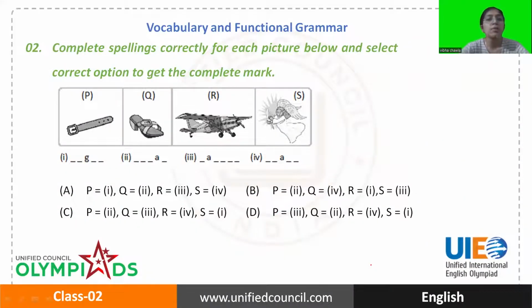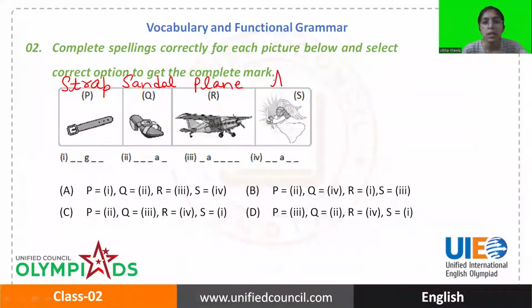Next up, we have question number 2. The picture P is of a strap. It's a strap. Q is of a sandal. Sandal it is. In R, we have a plane.